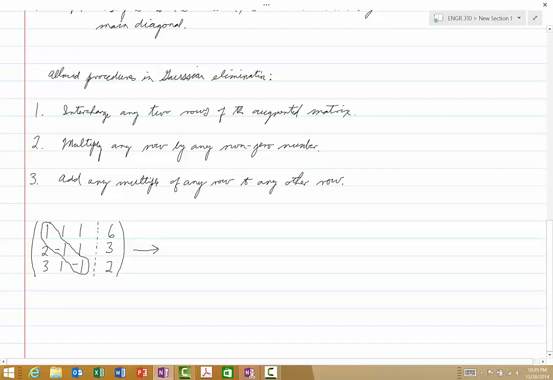Okay, now the key to doing the Gaussian elimination procedure is to eliminate these non-zero terms below the main diagonal, and we're going to go from top to bottom and from left to right. And you'll see what that means right away. So going top to bottom and left to right, that means we're first going to eliminate this 2, then we're going to eliminate the 3, and then we're going to eliminate the 1.